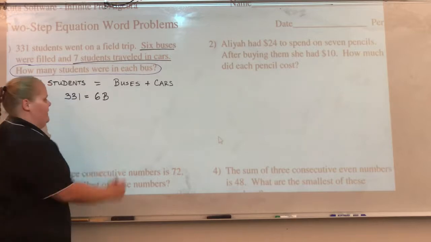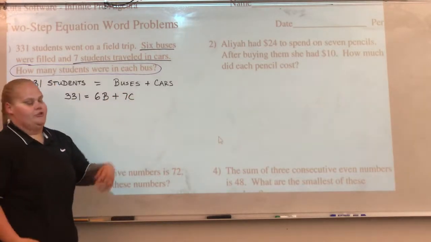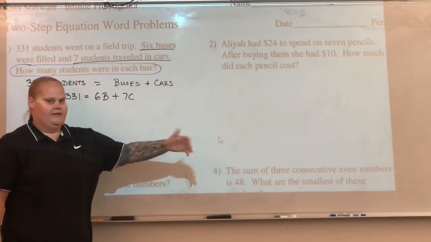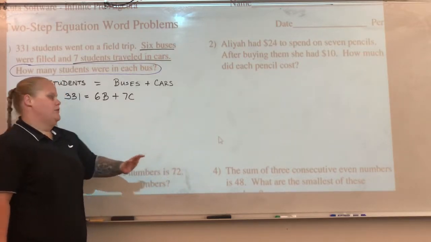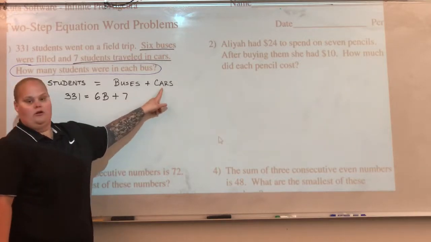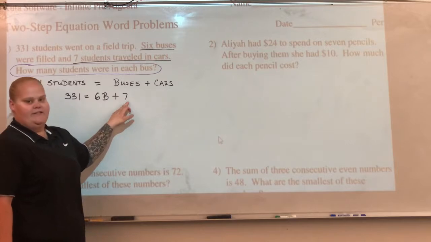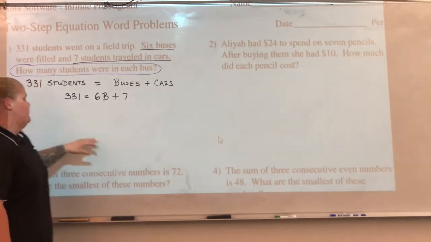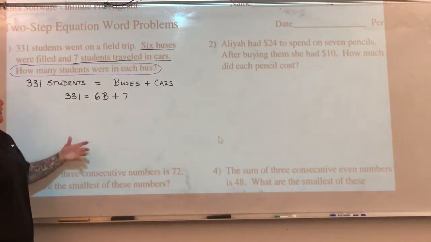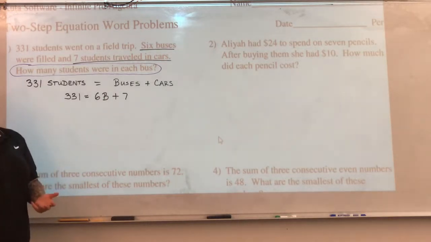Now, I can't just write plus 7C because that would mean that they took 7 cars. That's not what they're saying. They're saying that 7 kids got into a car. So we have the 6 buses plus the 7 kids in a car. So now we have an equation that we can solve to find out how many students were in each bus.